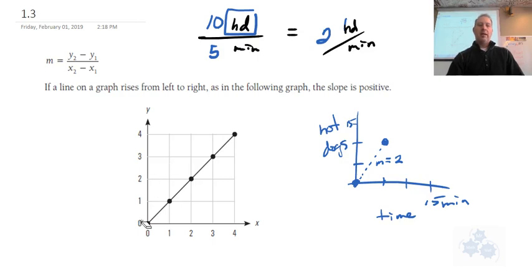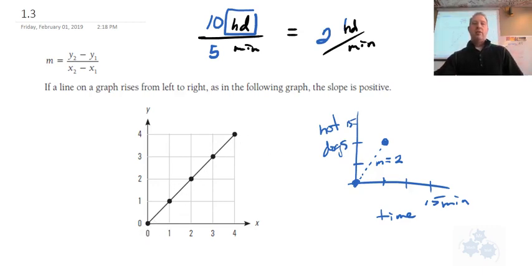The 2 variables, the x and the y, are both changing at the same time, aren't they? When x goes up by 1, y goes up by 1. If x goes up by 2, y goes up by 2. You guys see that? So the rate of change with the x and y would be equal to the slope.